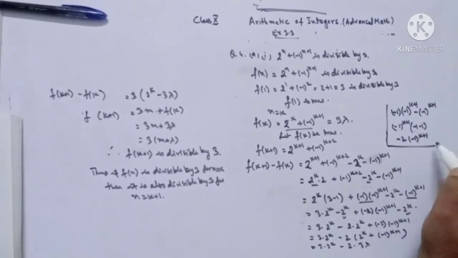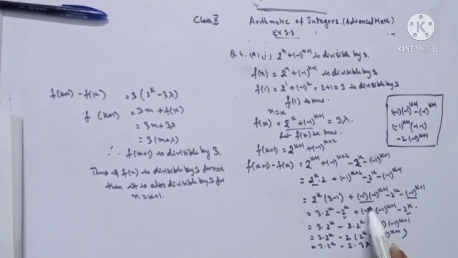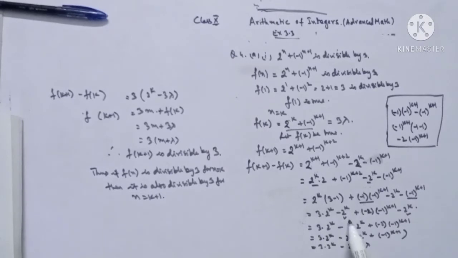So this will become this much. Here I have written, therefore, this and this I have minus 2 minus 1, k plus 1. And now if this 2 again, 2 to the power of k minus 2 to the power of minus x minus 2x, so this is 2.